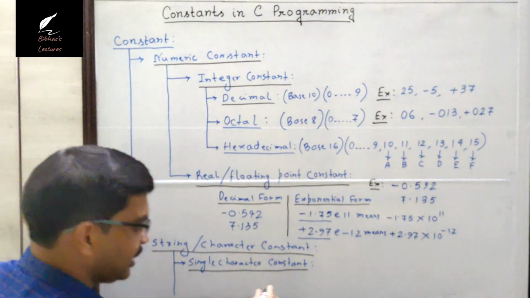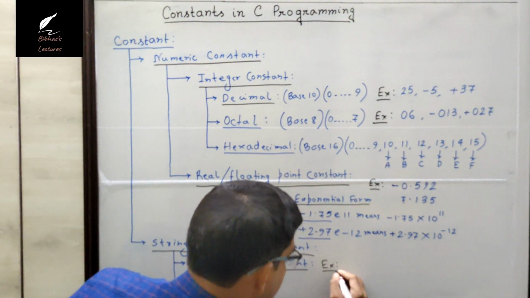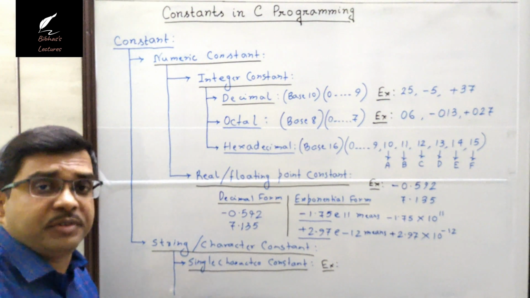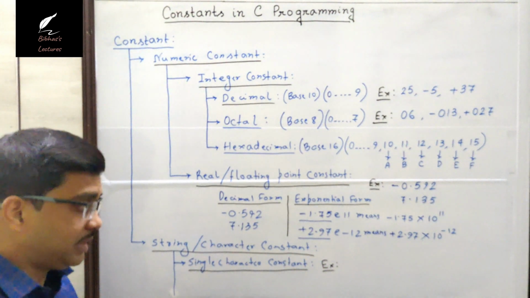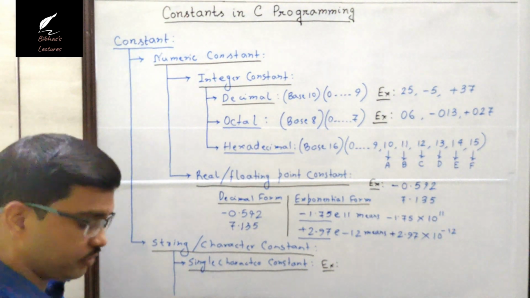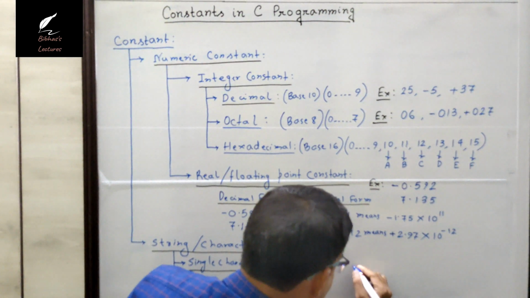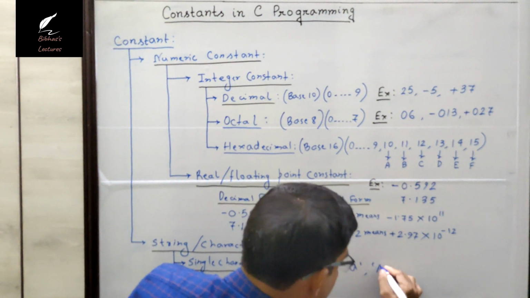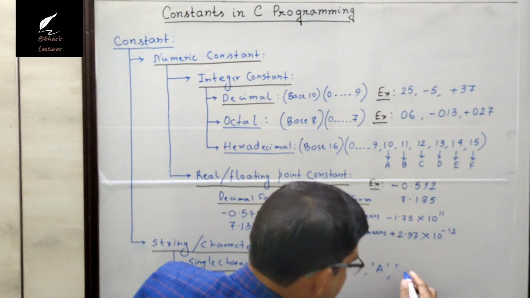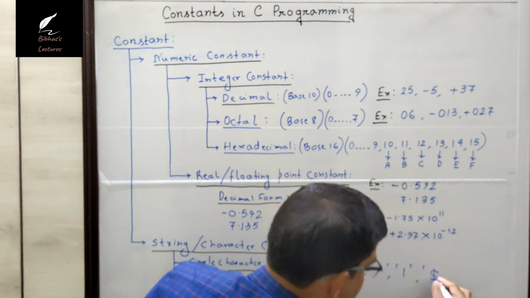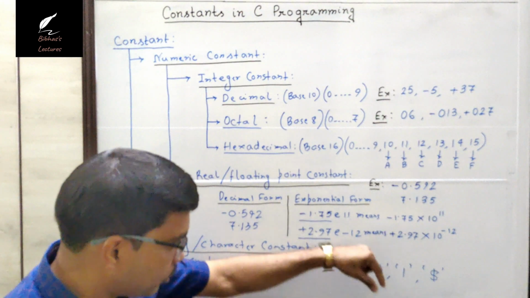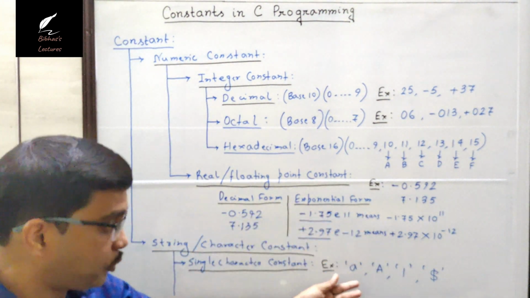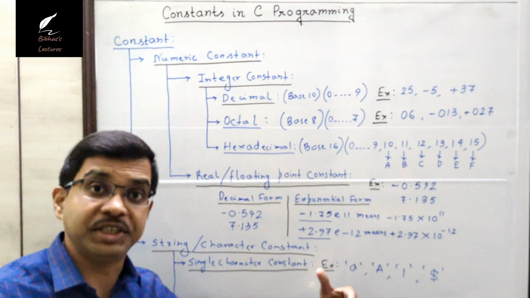If any character, digit, letter or special symbol is enclosed with a single apostrophe, that will be an example of a single character constant. For example, single quotation small a, or capital A, or 1, or this dollar symbol. So all these characters, digits or special symbols are enclosed with single quotation. If anything is enclosed with single quotation, it will be treated as a character.